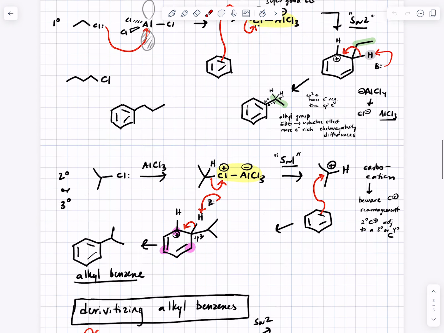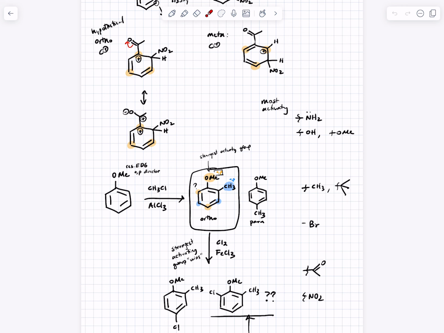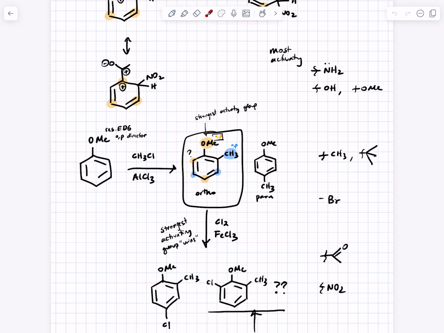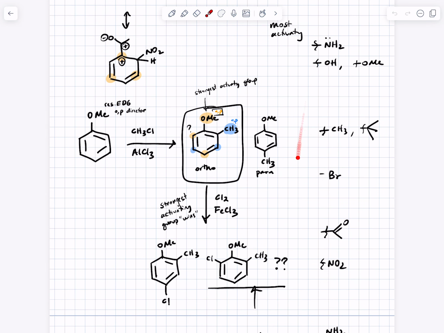Did I see another hand? Yeah. How important is knowing the list of strengths of the withdrawing and donating groups? As I said, I think you can get there with a few basic principles. Resonance donors are better than inductive donors.